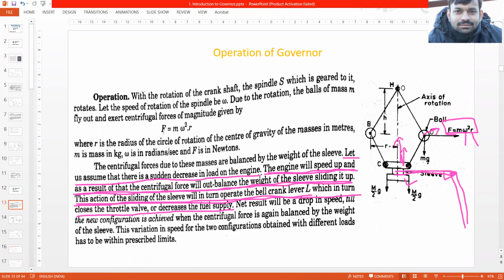As a result, this will slide the sleeve upwards. Since the sleeve is slid upward, the lever which is attached to the sleeve will be operated, and in turn it will reduce the fuel supply to the engine.